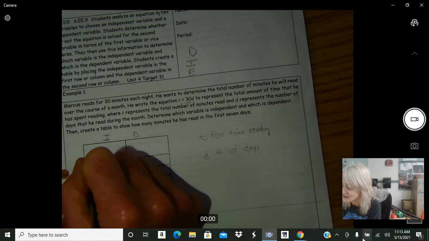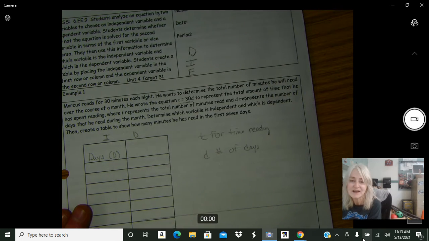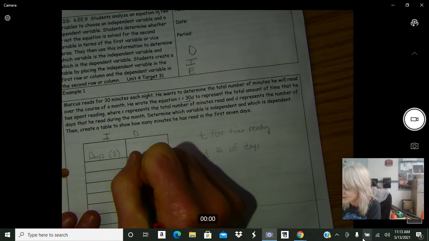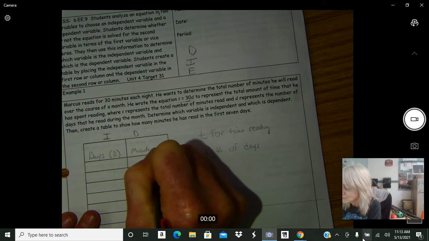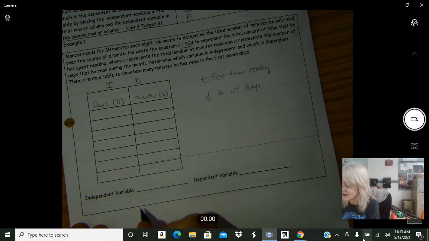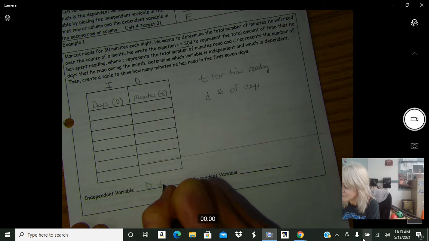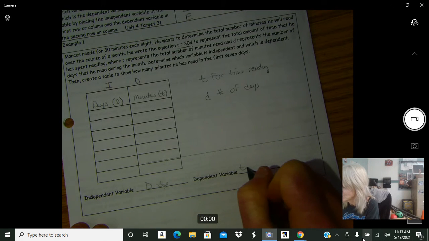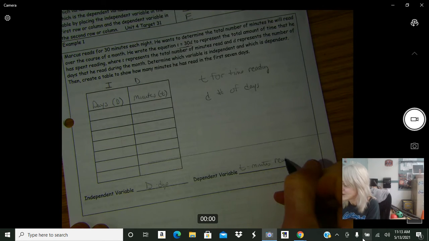So we could put days in our independent column, and D for days. And T for time or minutes read, and we're going to call it T, is the dependent. So down here, we could also put that. We could put our D is independent for days, and T for minutes read is our dependent.